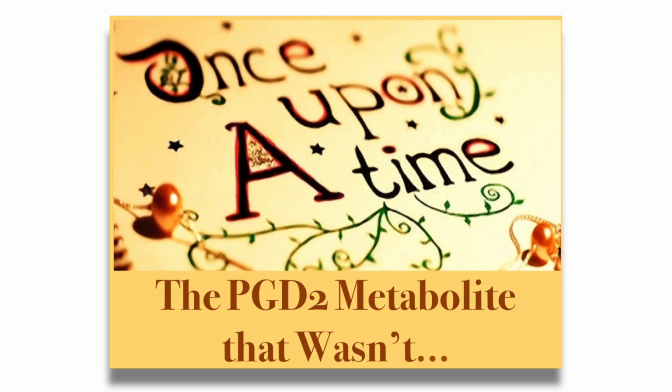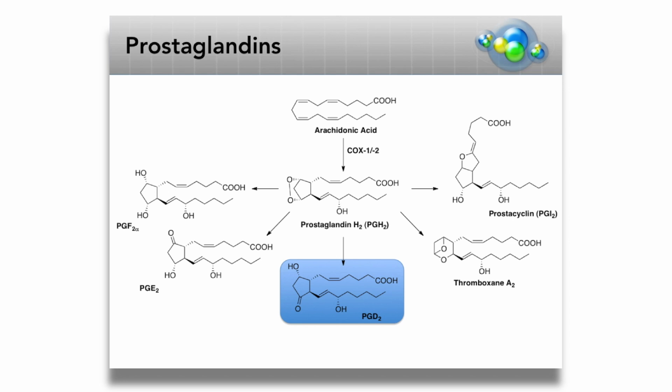The first story that I would like to tell is of a prostaglandin D2 metabolite that wasn't. So we're going to go back and look at the formation of prostaglandins. This shows the family of different compounds that are generated from the oxidation of arachidonic acid by the cyclooxygenase. Of importance to this story is prostaglandin D2.